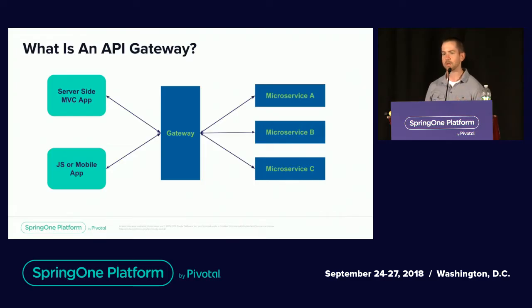And it allows us some of the promises that microservices give us as far as agility and speed, right? Because I can now change my architecture as I see fit and as my business needs demand, and I'm not going to necessarily break my client-side applications, because those clients are talking to the gateway. The gateway kind of insulates them from what might be happening behind the scenes.